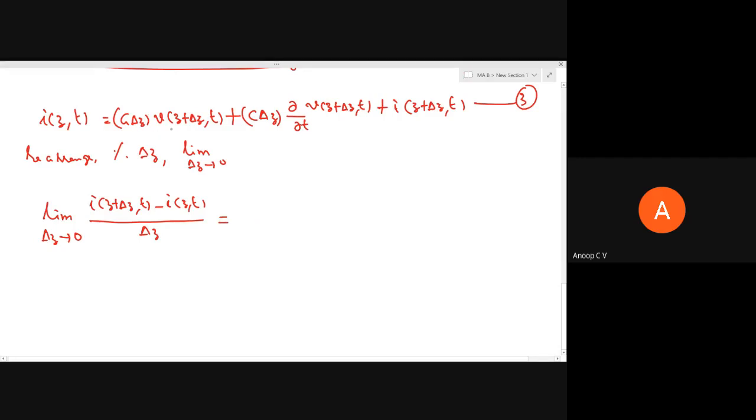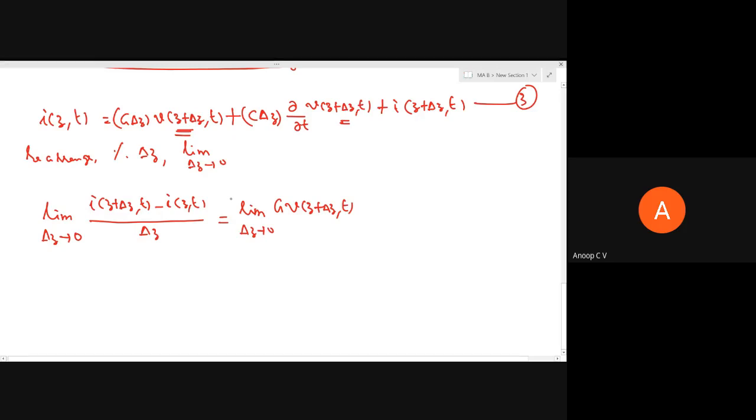Now there is a problem. We have Z plus delta Z in this term also, so I have to apply the limit delta Z tends to 0. G delta Z by delta Z, that delta Z will get cancelled. So it is G into V of Z plus delta Z comma T.